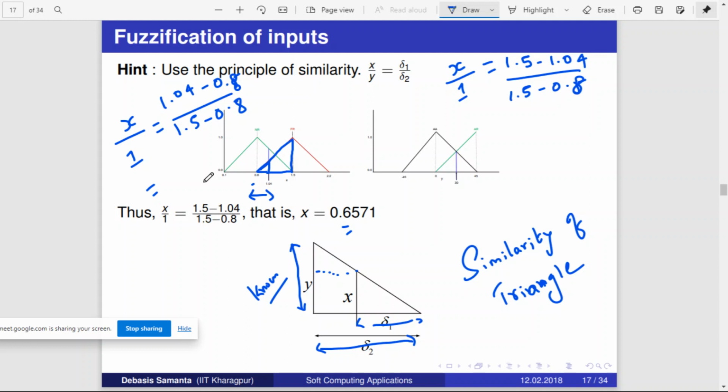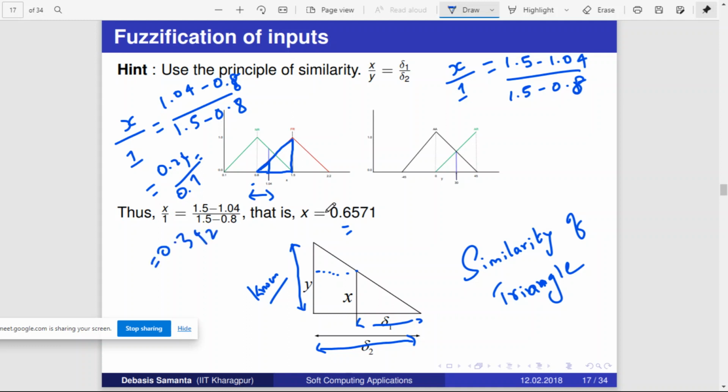What is 1.5 minus 0.8? It's 0.7. So 0.24 by 0.7, what is the value? 0.342.